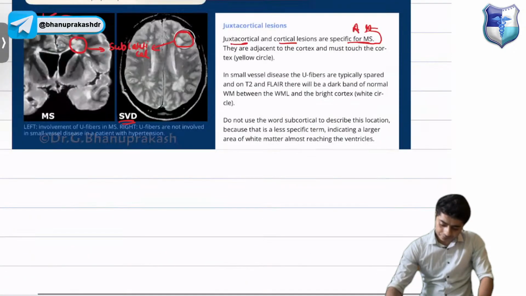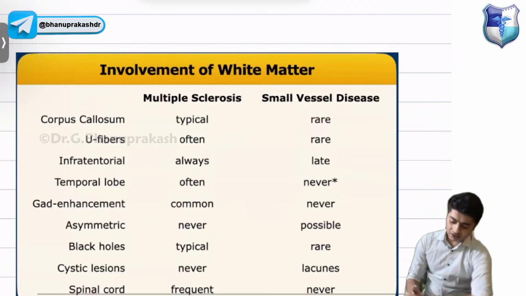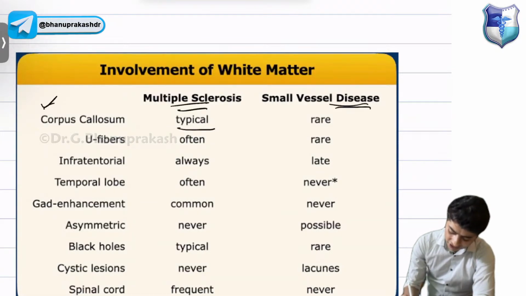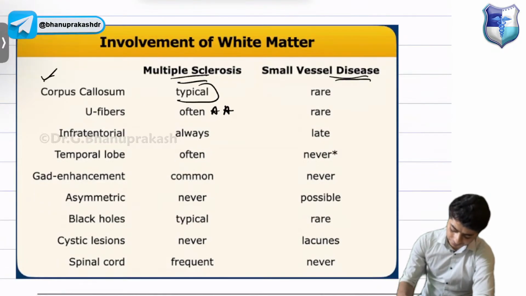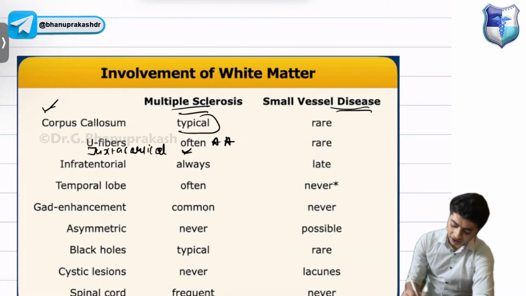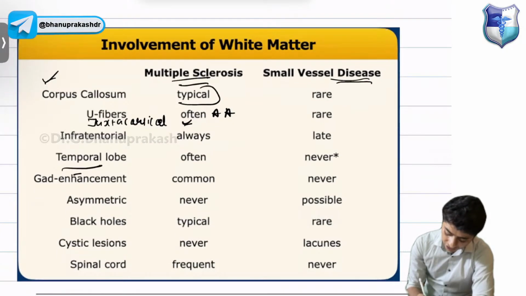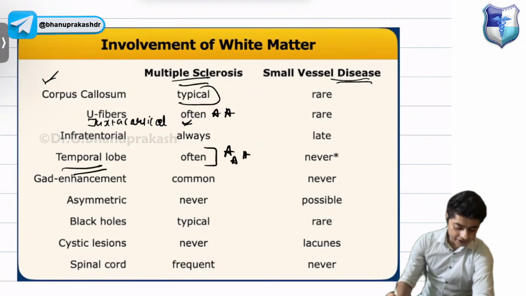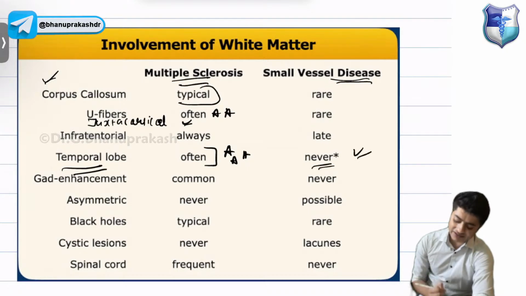So now when we come to the difference between multiple sclerosis and small vessel disease, corpus callosum is involved. U fiber involvement is classical. Juxtacortical is present only in multiple sclerosis. The temporal lobe is only involved in multiple sclerosis, but never in small vessel disease.